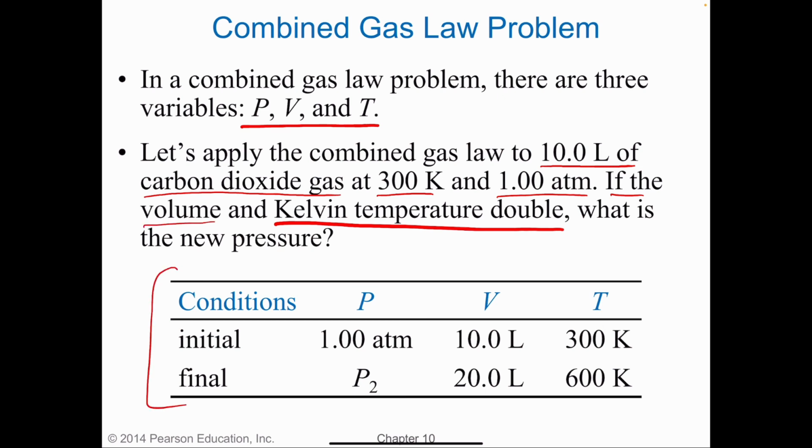Initially, this is our P1, this is our V1, this is our T1. Volume doubling means it would go from 10 to 20, so that's our V2. And Kelvin temperature doubling, so 300 turns into 600, is our T2, and then we're solving for P2.